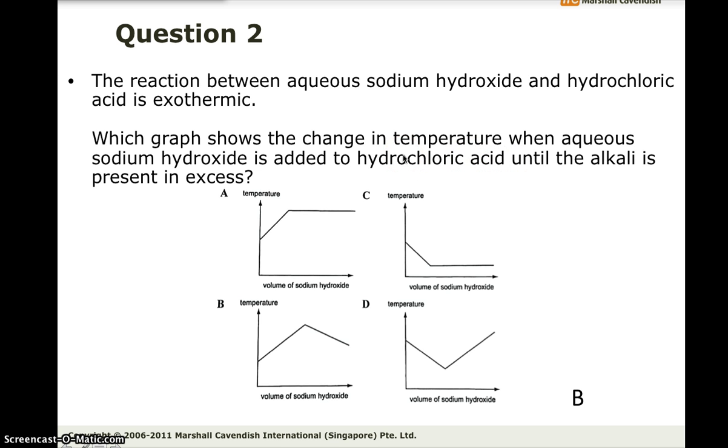The reaction is already completed at this point. When the reaction is completed, the temperature will drop to room temperature. You cannot expect the temperature to be maintained at a very high temperature when the reaction has already stopped. So B.